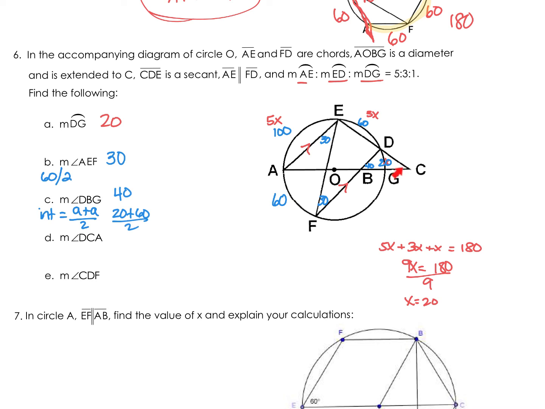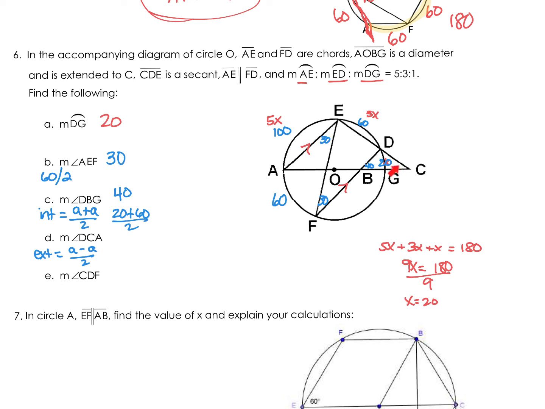DCA is right here. What kind of angle is that? Central? No. Inscribed? No. Interior? No. Exterior? Yes. So we're going to do exterior equals arc minus arc over 2.